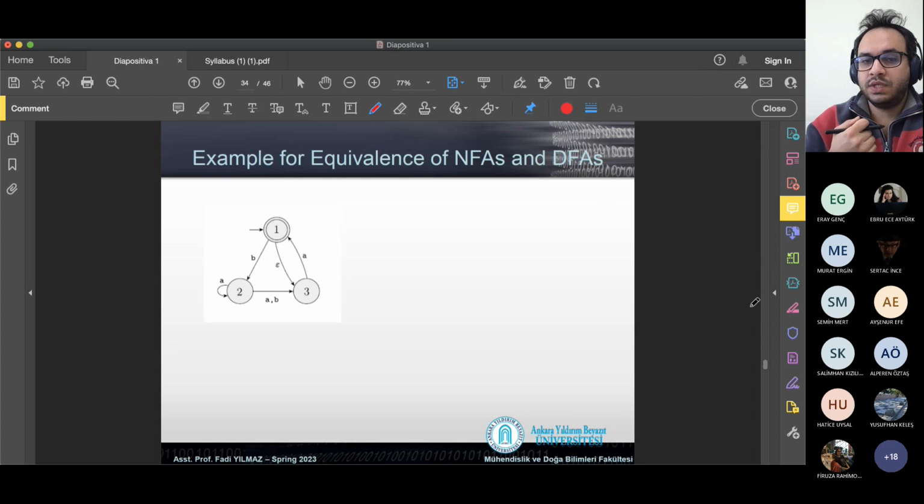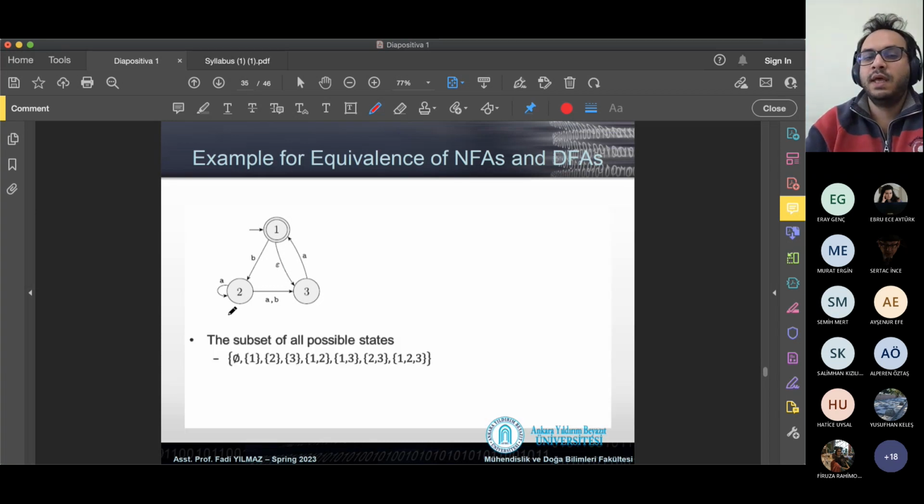Okay, guys. So this is an NFA. You can say this is non-deterministic because immediately we can see that for 2, on A, there are two possibilities. So this is non-deterministic for sure. To convert it to a DFA, what we need to do is, first, we have to create a state for all possible subsets of states.